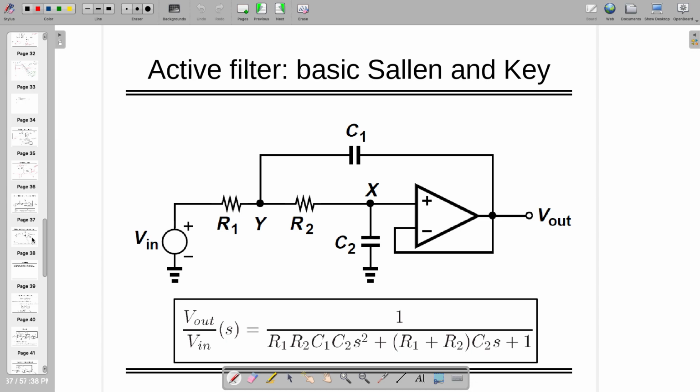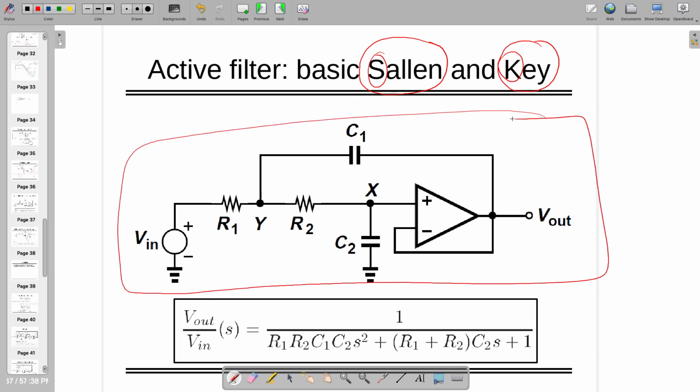So now let's assume that two scientists came, Sallen and Key. That's why they are in capital. They found that there is one approach, and they gave this circuit: you use it, and it is a second order system.